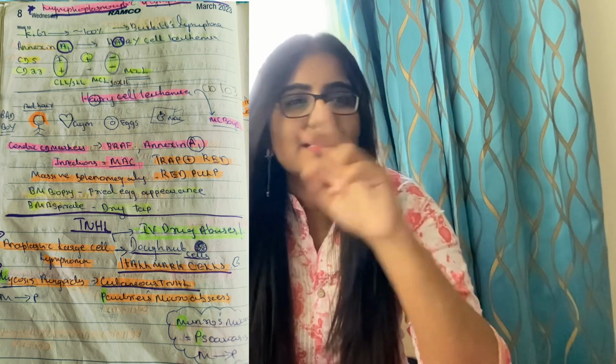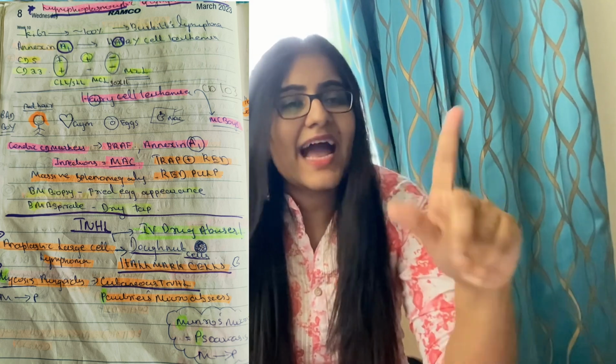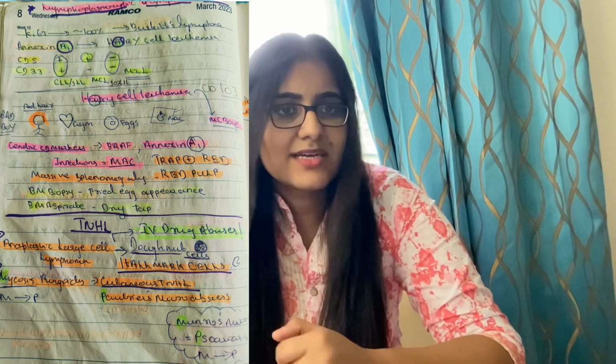Then I told you to remember it's a bad boy, right? So that's why BRAF mutation, it will be BRAF. So genetic marker BRAF, annexin A1, massive splenomegaly, red pulp, bone marrow biopsy fried egg appearance, and bone marrow aspirate dry tap. So no use, dry tap. Okay, most common in boys, that's why I told you to remember a boy.